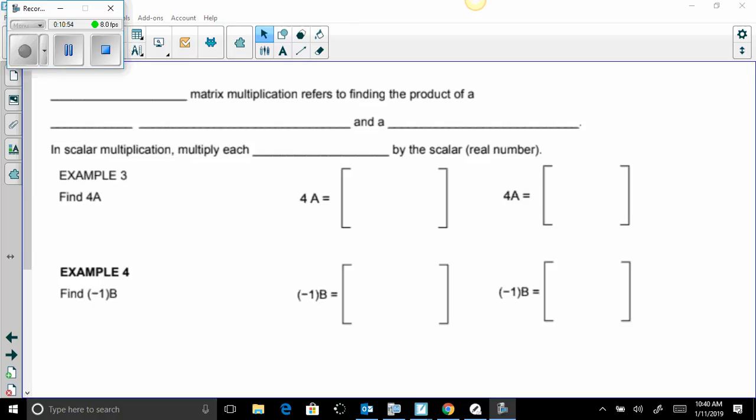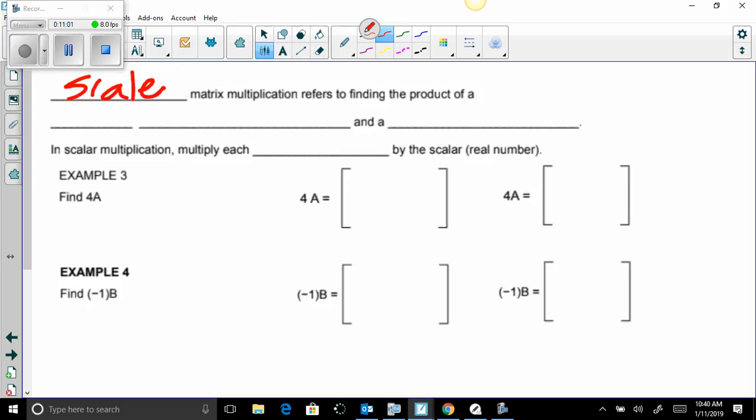The next operation that we need to learn is multiplying matrices. It is called scalar matrix multiplication, and that refers to finding the product of a real number and a matrix.